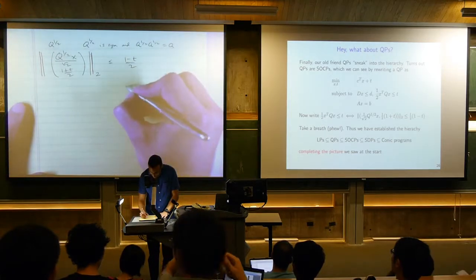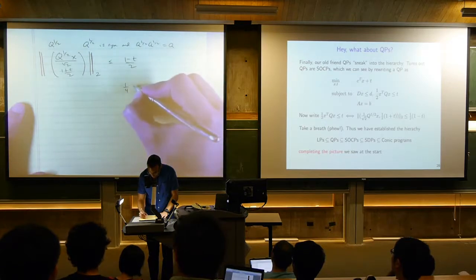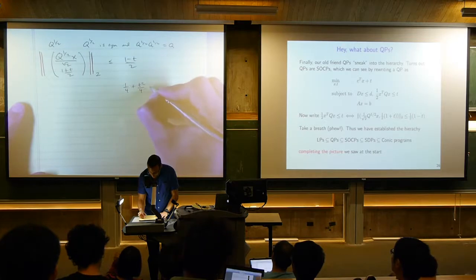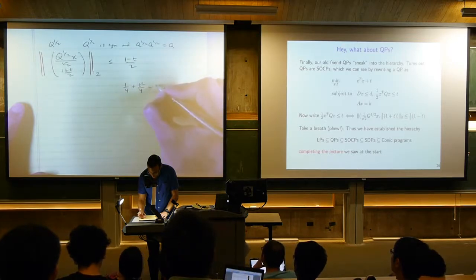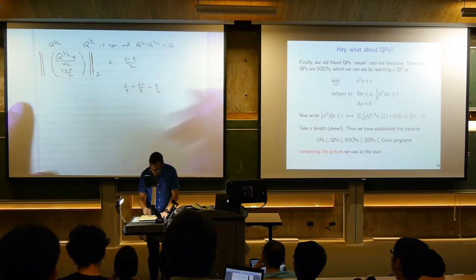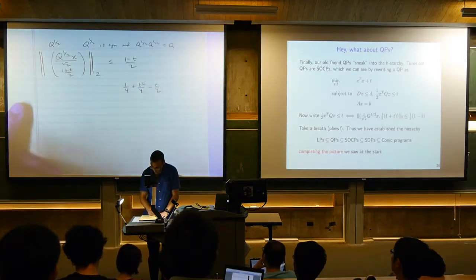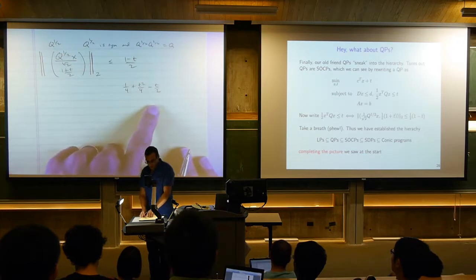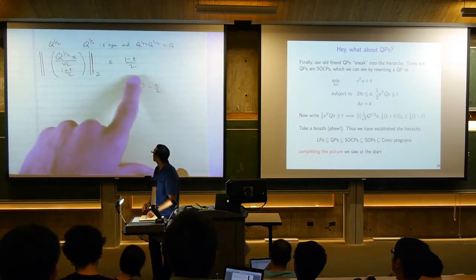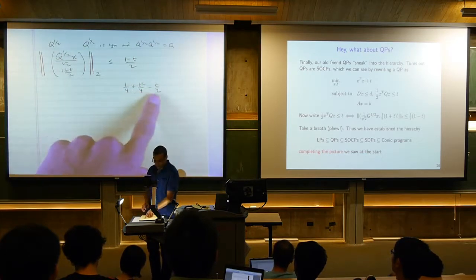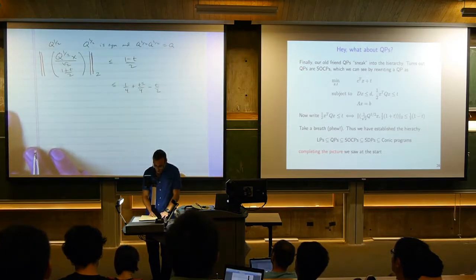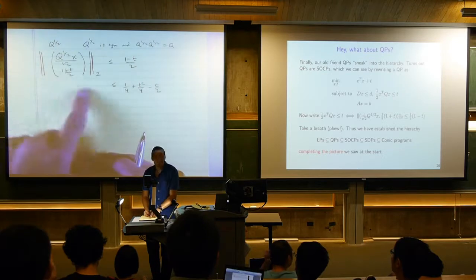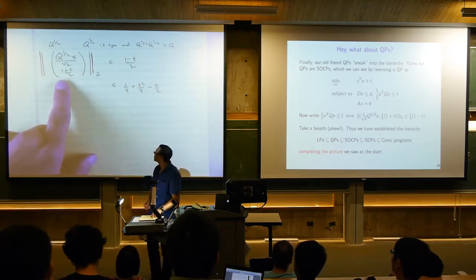So on this side, I get 1/4 plus t squared over 4 plus t over 2. If I square that, because I have 2t, but it's divided by 4, so I get t over 2. And on this side, if I square this, I can think about just taking this vector and doing this vector transpose itself.